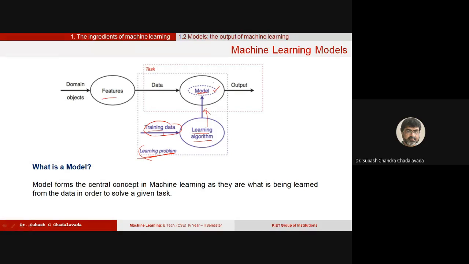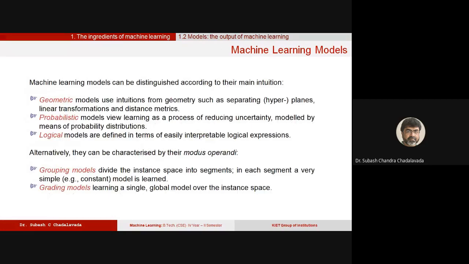There are different kinds of models, different ways of modeling your machine learning algorithm, and there are a lot of models. They are generally classified into three kinds, based mainly on intuition, or the way you visualize or imagine your model.